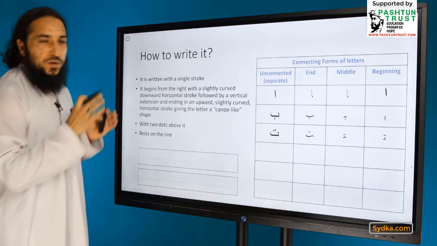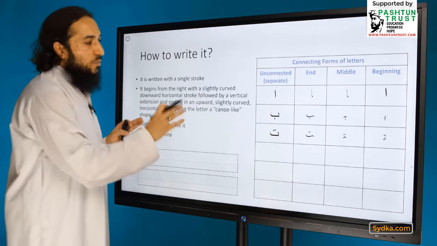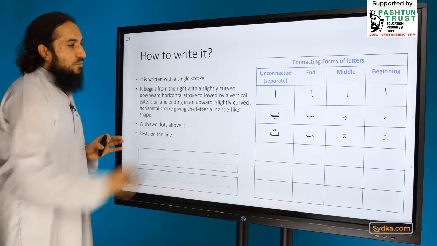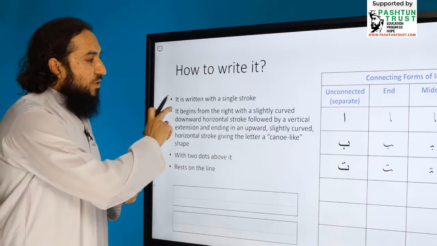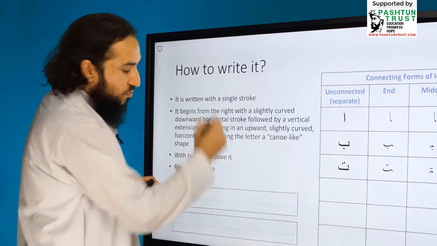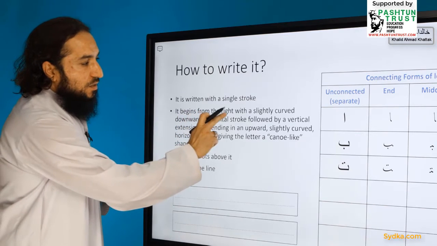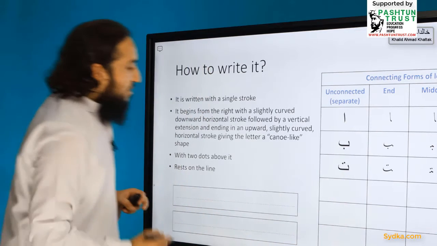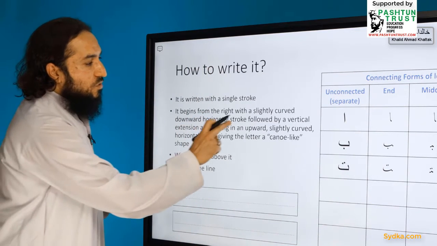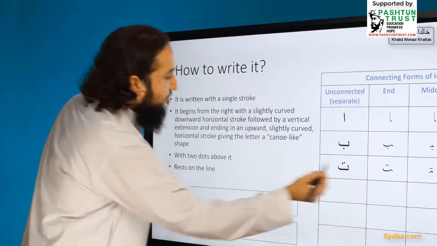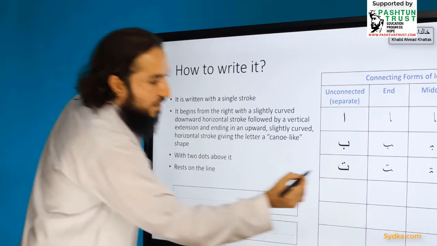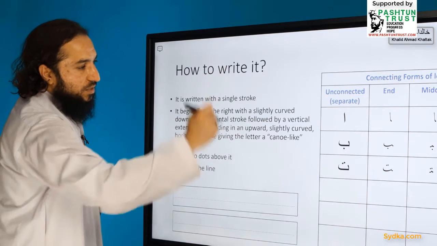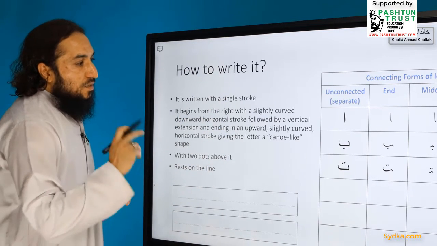How is it written? If you see, this is exactly the same way it's written as Ba, but we will still explain it briefly, and then we will do the practical part. It is written with a single stroke, and it begins from the right, slightly curved downwards, a horizontal stroke, followed by a vertical extension ending upward, slightly curved.